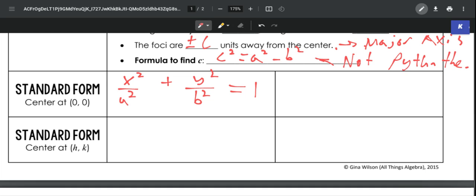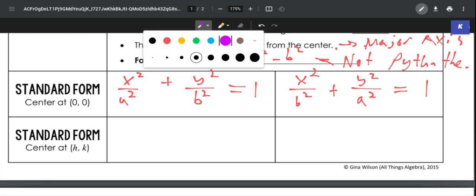And then our vertical ellipse will be slightly different. It will be x squared over B squared plus y squared over A squared. And all of that will still be equal to 1.